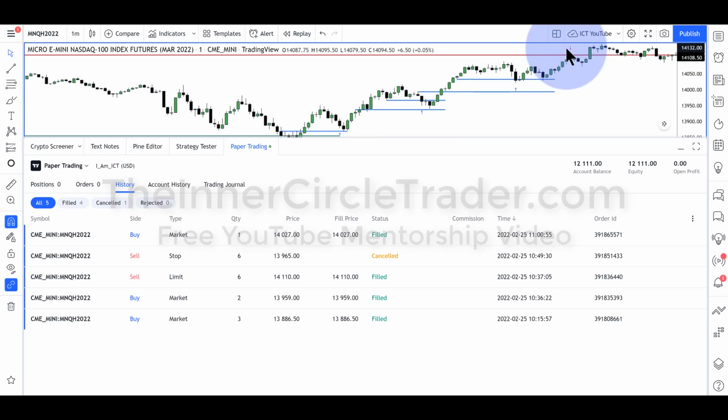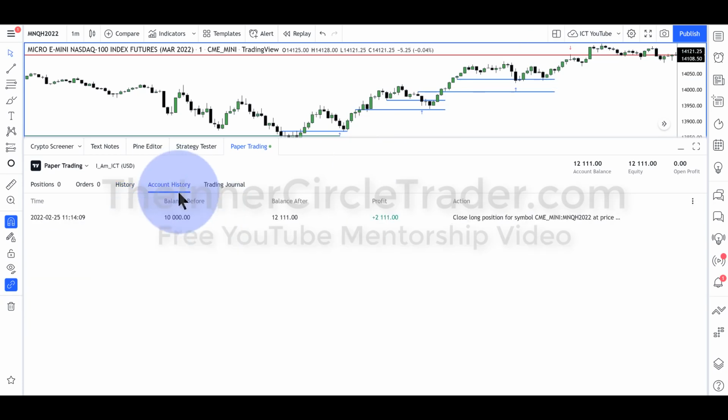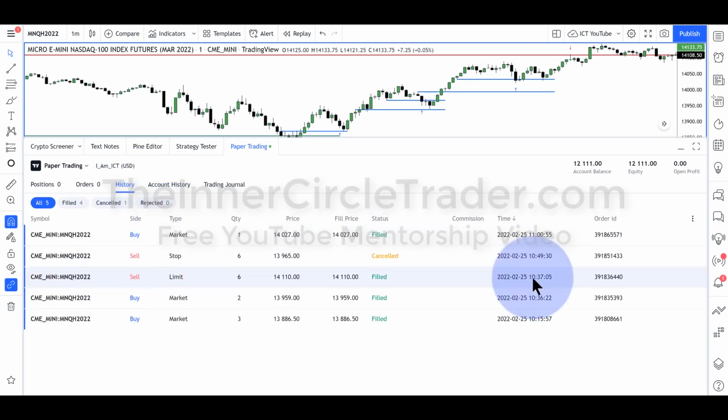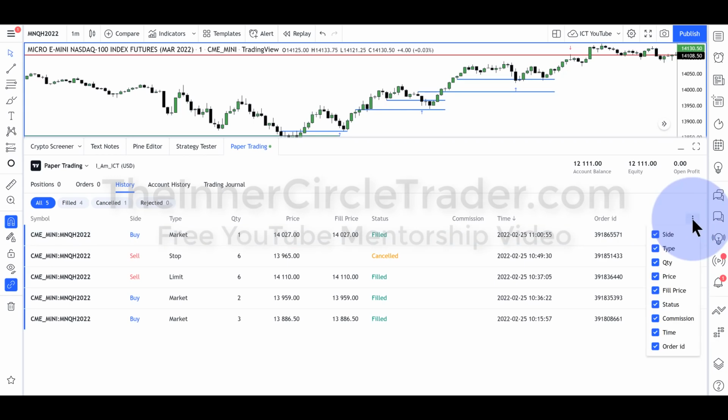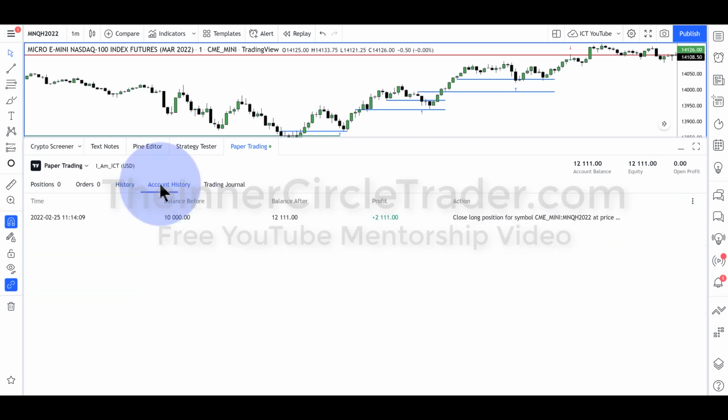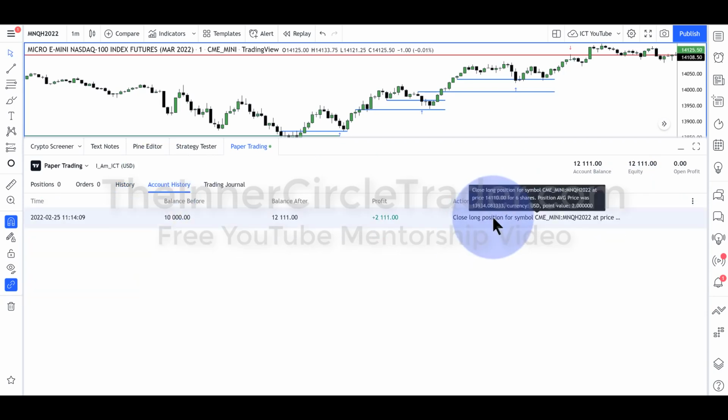Then it runs to my objective. So the account history starts with $10,000 here, ends with $12,111 demo money. The history tab shows you here, and if I'm not mistaken, I have everything shown, don't I? Yeah, time, everything's toggled here. Nothing's hidden. And then you can see over here, all the business there.